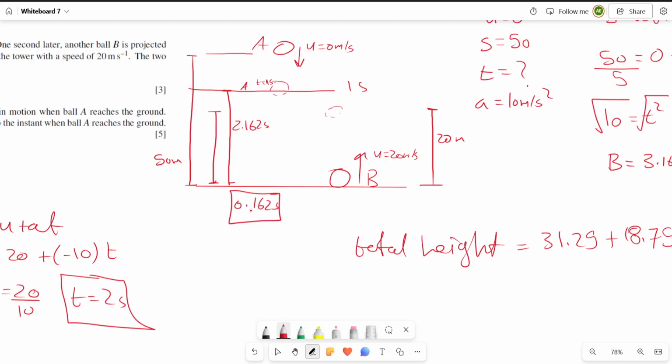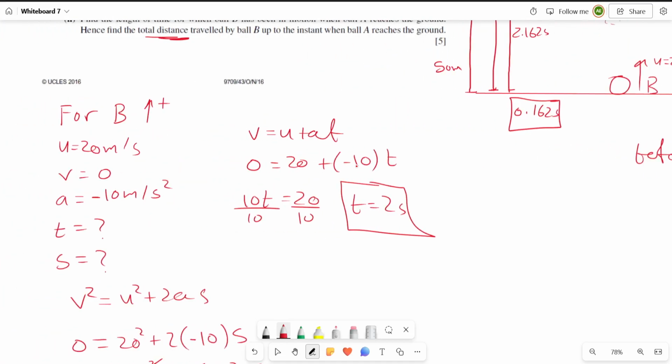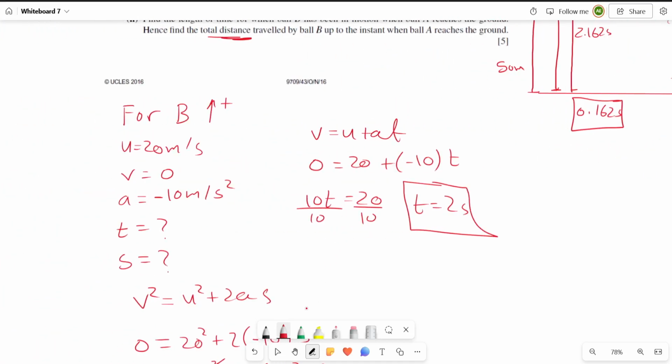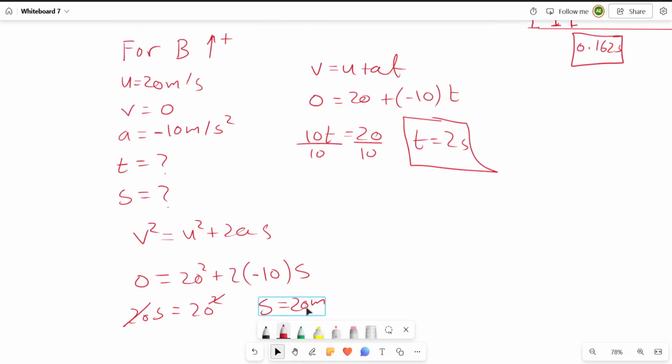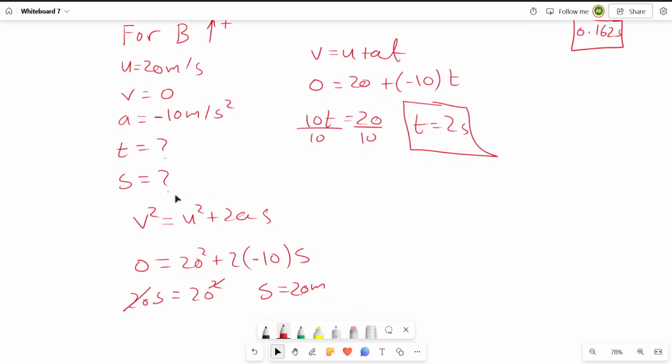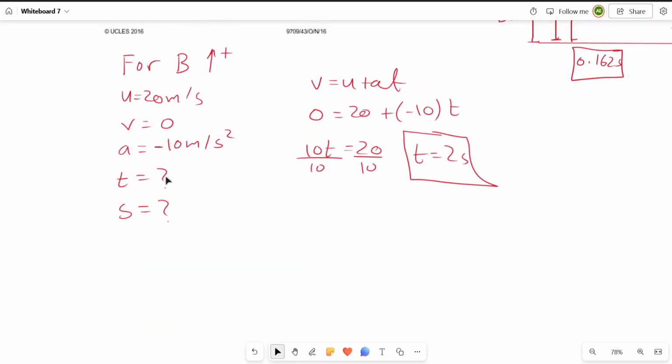So let's do that. After 2.162 seconds, where is B? Again, we will come here, erase this. So the initial distance was 20. We can now erase this, we know that. Let me come here for B and erase values.